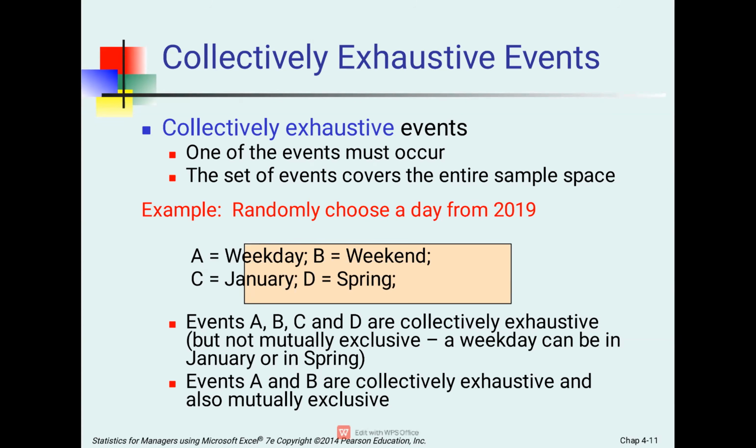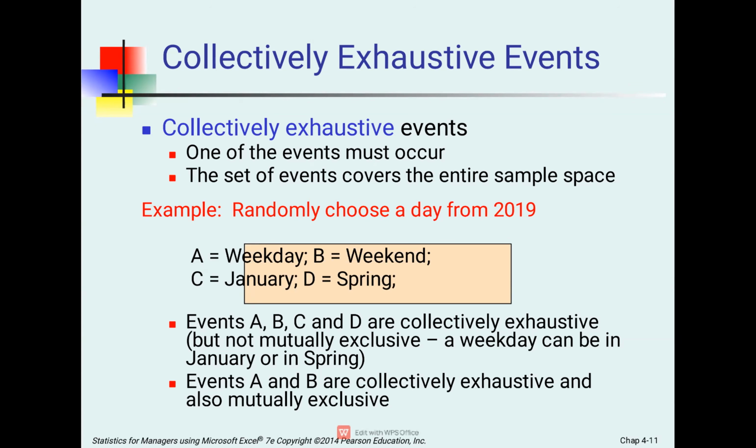Let's say A is a weekday and B is a weekend. C is January and D is spring. So events A, B, and C are collectively exhaustive, but not mutually exclusive. A weekday can be in January or in spring.